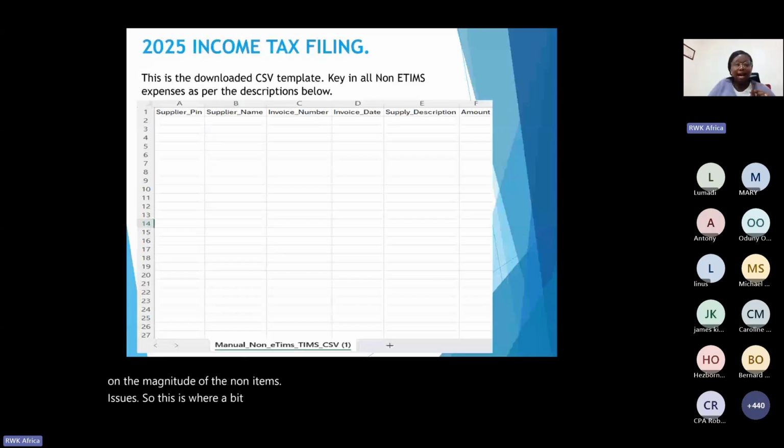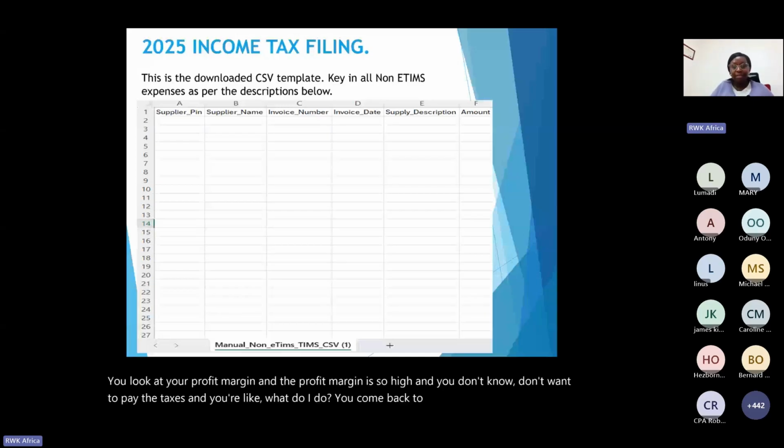The other catch is, some of us overstate our expenses. You look at your profit margin and the profit margin is so high and you don't want to pay the taxes and you're like, what do I do? You come back to the income tax statement and you hike the expenses. So fuel is 3 million, you hike it to 5 million.